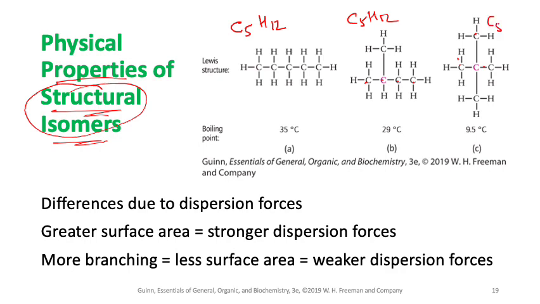Same number of carbon, C5H12. So in this, if I start from here, I connected all the 5. If I start from this corner, I connected 4, but the 5th one is connected on the second carbon. So that means they have a different connectivity. So they are structural isomers of each other because they have the same molecular formula.